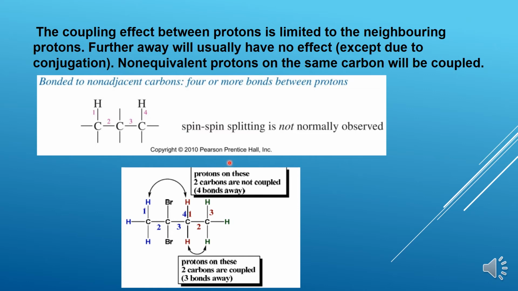Non-equivalent protons present on the same carbon also split. Another one is proximity of hydrogens. If they are more than 4 bonds away, then no splitting takes place. If they are 3 bonds away, then splitting takes place. So this is the idea.